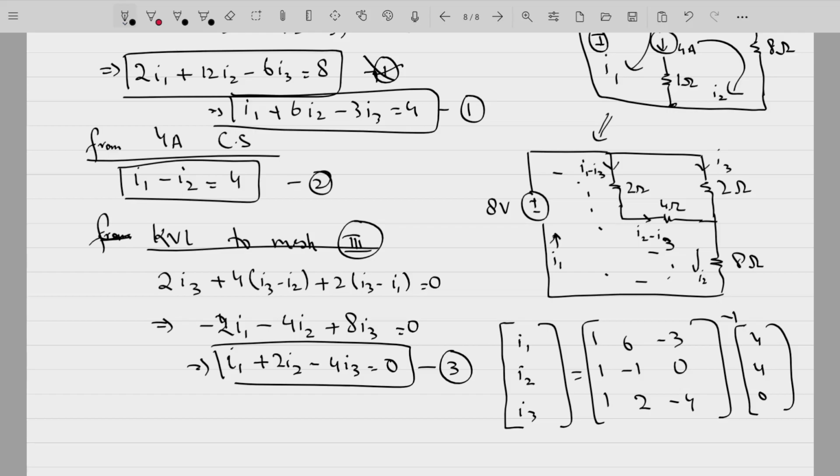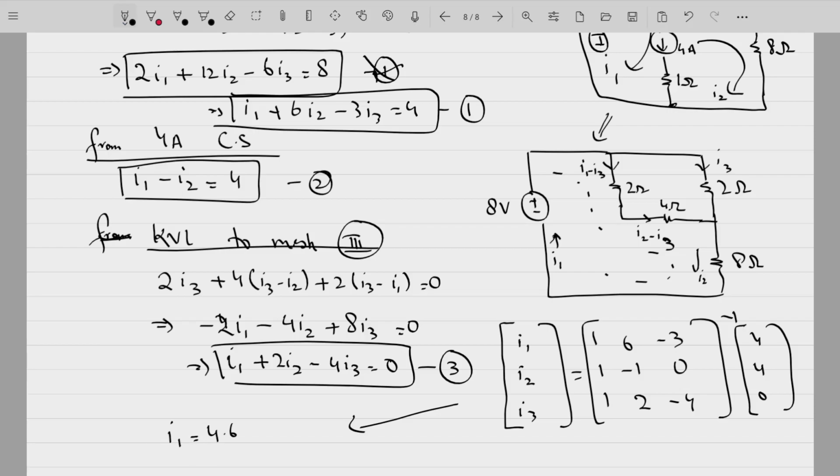So on finding the solution of this equation, by solving for this matrix, you can try and solve this matrix.